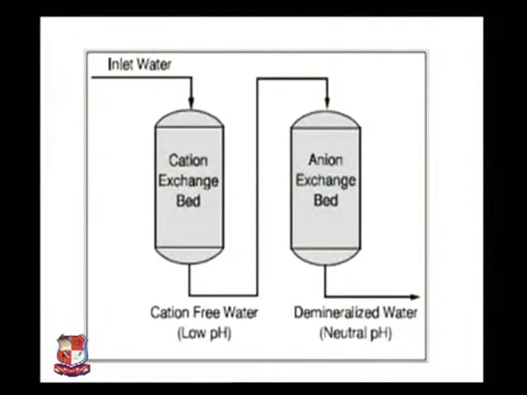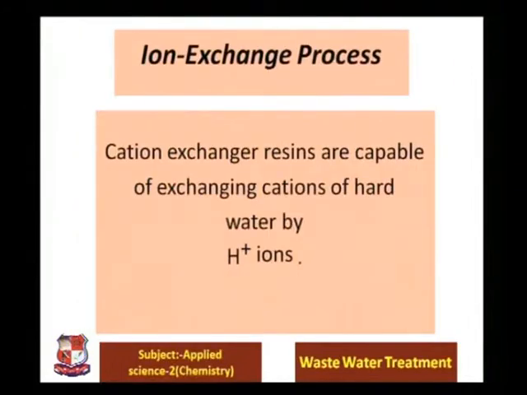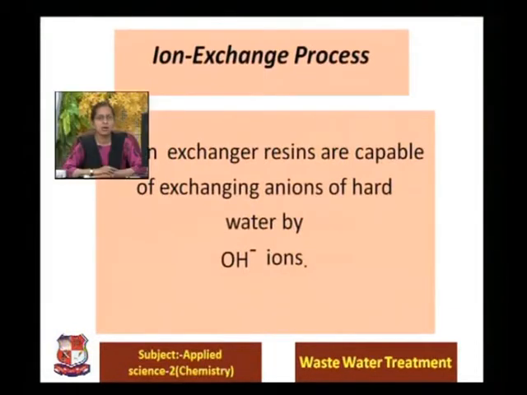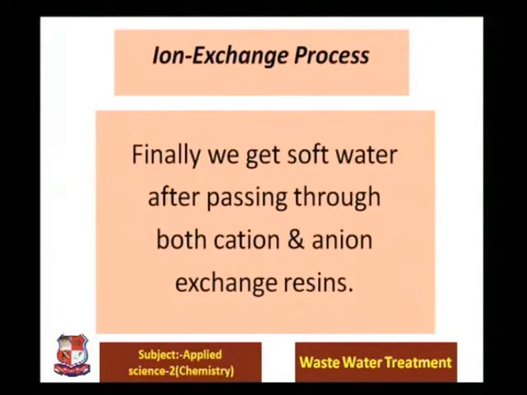Cation exchanger resins are capable of exchanging cations of hard water by H plus ions, and similarly anion exchanger resins are capable of exchanging anions of hard water by OH minus ions. Finally we get soft water after passing through both the cation and anion exchanger towers.